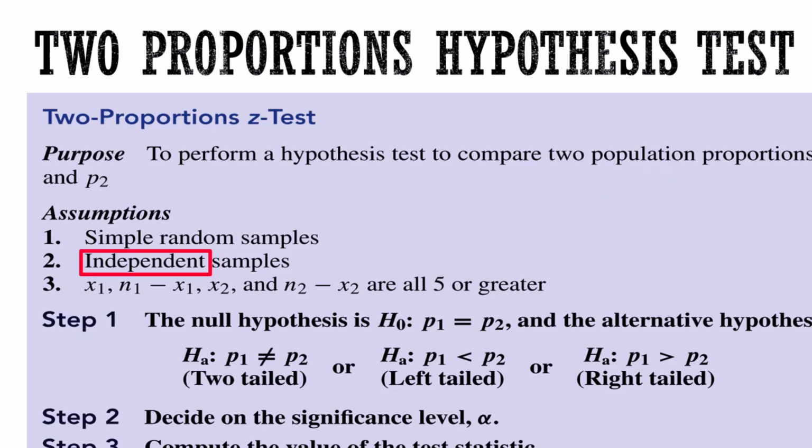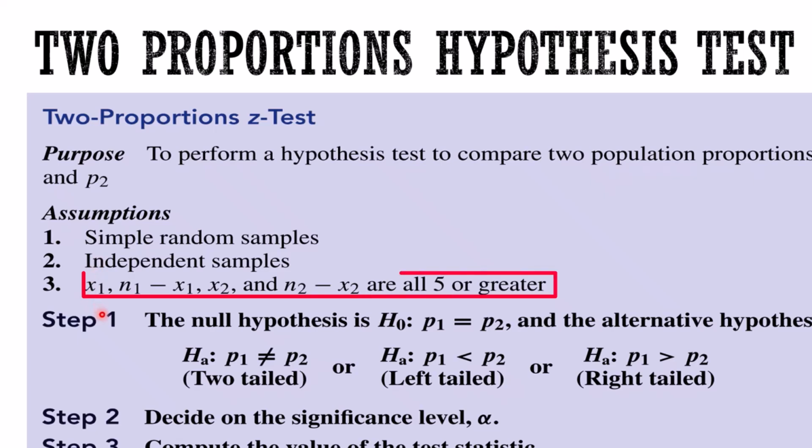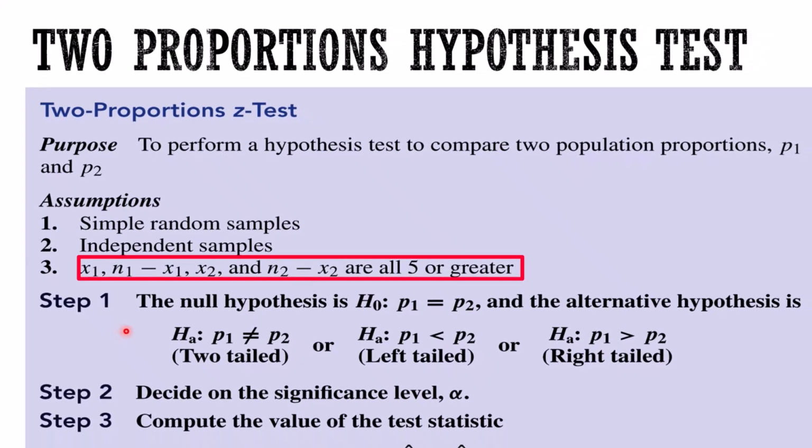The population and the samples obtained from the populations have to be independent. They should not have any relation, any bearing with each other. And the third one is that x sub 1 and n sub 1 minus x sub 1, then x sub 2 and n sub 2 minus x sub 2, all these four quantities must be greater than or equal to 5.